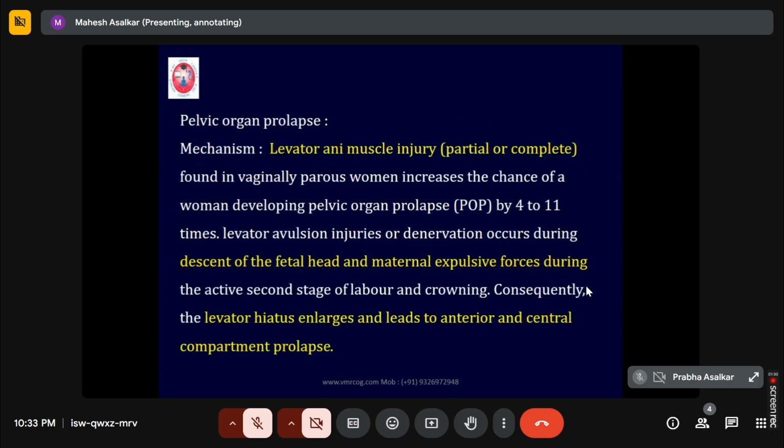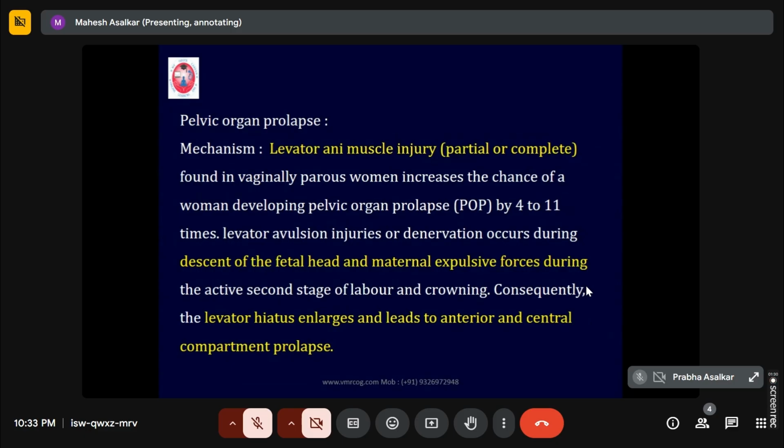Now coming to the third problem, that is pelvic organ prolapse. The mechanism is levator ani muscle injury, which may be partial or complete. It is found in vaginally parous women and increases the chance of developing pelvic organ prolapse by 4 to 11 times.